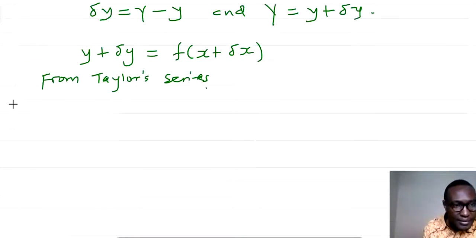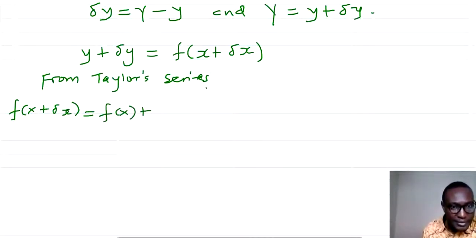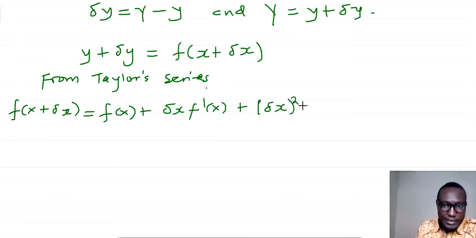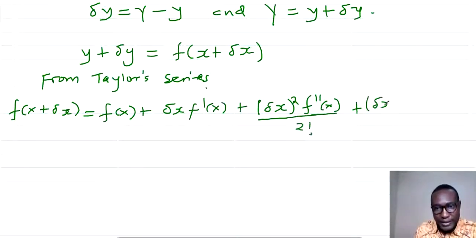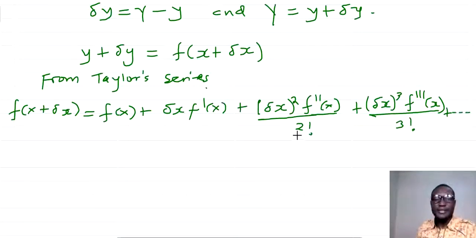We have that f(x plus delta x) is expanded as f(x) plus delta x times the first derivative f'(x), plus delta x squared times the second derivative divided by 2 factorial, plus delta x power 3 times the third derivative of f(x) divided by 3 factorial, plus so on. The terms of the Taylor series continue like that.